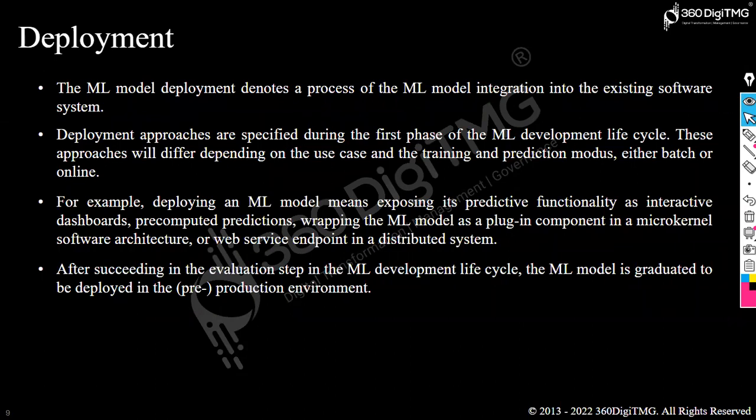So there are different deployment steps to be followed when you are integrating with the hardware platform and the other software architecture. This also plays an important role in deploying, by using some of the tools.